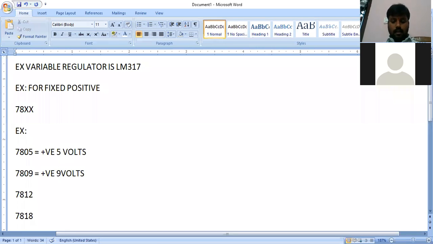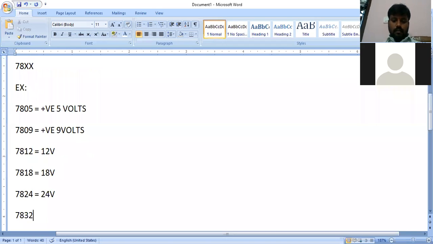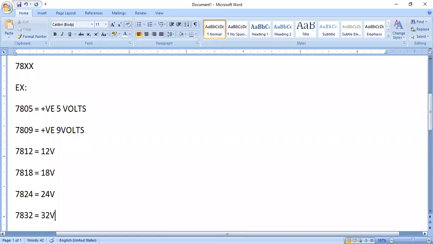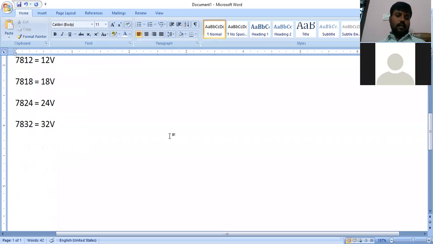See, similarly 7812 gives 12 volts, and 7818 gives 18 volts, and 7824 gives 24 volts, and 7832 gives 32 volts, like this. Okay, so this is all about fixed positive voltage regulators.